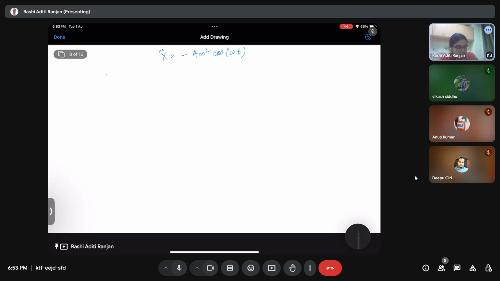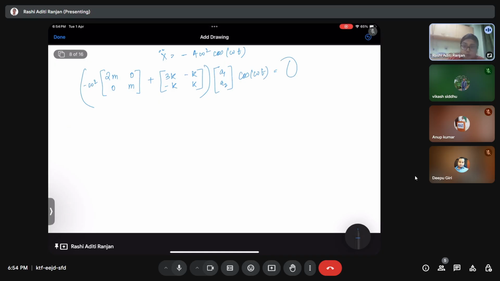I'll get minus omega square plus, this whole into a, the array a1, a2 into cos of omega t, is equal to what? 0.